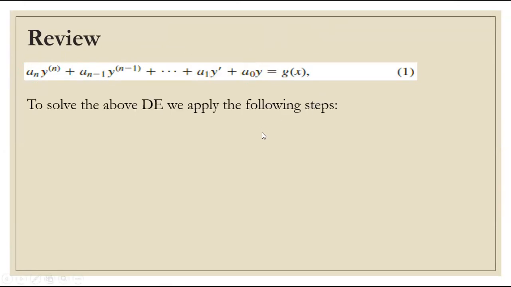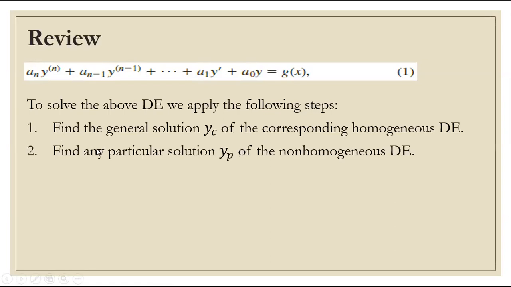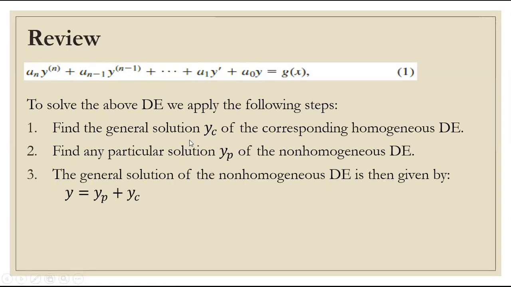In the previous lecture, we said the first step is to find the general solution yc for the corresponding homogeneous equation, and we call this the complementary solution, obtained by taking the right hand side to be 0.